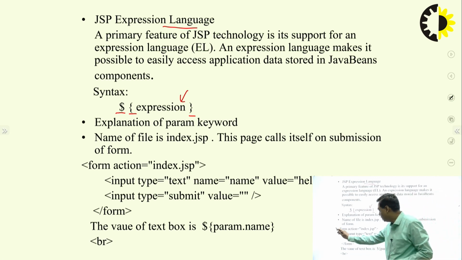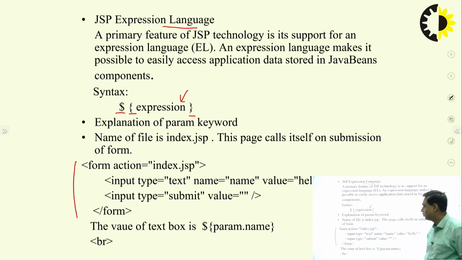It is a simple JSP program. In this we are using an HTML form and we are creating a text box with the help of the tag input type equal to text. When we click on the submit button, it will call index.jsp. We are assuming the name of this file is index.jsp, so it will call itself.